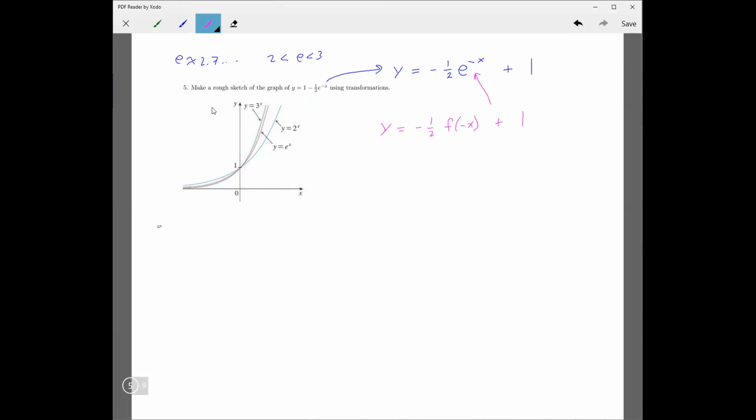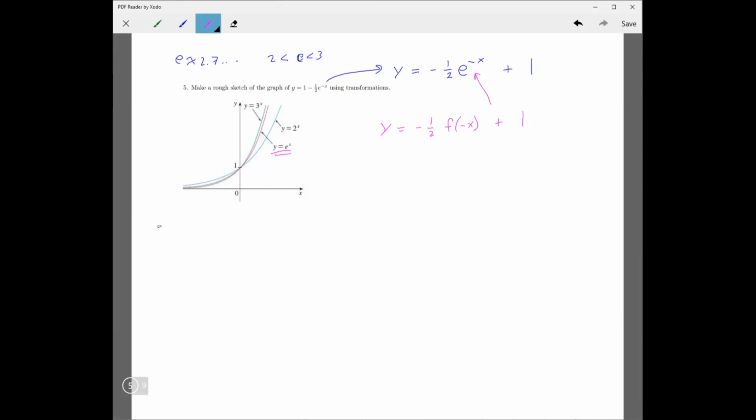e to the x is your original function. It's e to the x right here, original function. And so e to the negative x is f of negative x. And then you're multiplying outside. So this is inside. You only have a negative x inside. Outside you have multiplied by negative 1/2 and then adding 1.